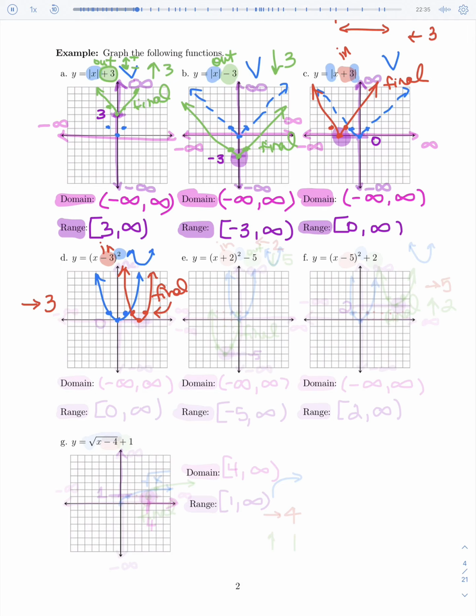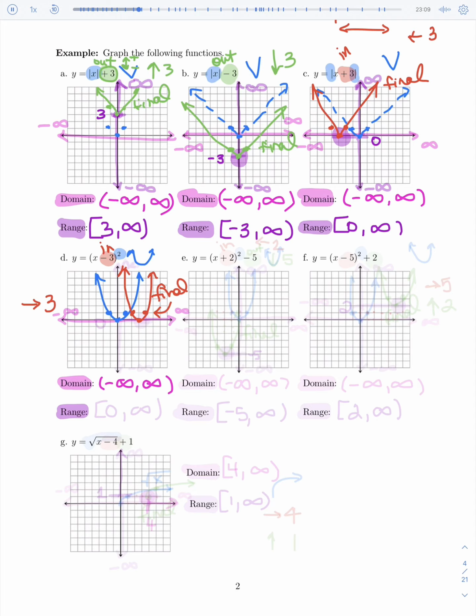Now, let's take a look at finding the domain and the range, working our way from left to right. The domain is going to start out with our negative infinity on the left, working our way bigger to the positive infinity. Notice if we work our way from left to right, the graph does continue in both directions forever. So our domain is going to be negative infinity to positive infinity.